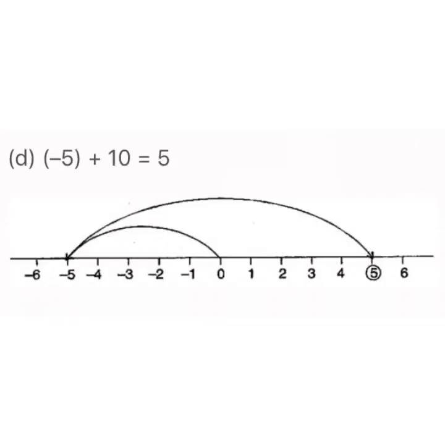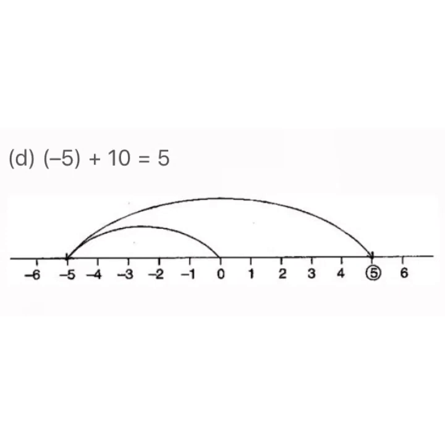Now next one is minus 5 plus 10. Yes children, here you can see that minus 5 is smaller than 10. So we will subtract, but the answer will be positive number. Okay, so we will start from 0, that is origin, and we will move 5 steps left towards 0 and we will reach to minus 5.